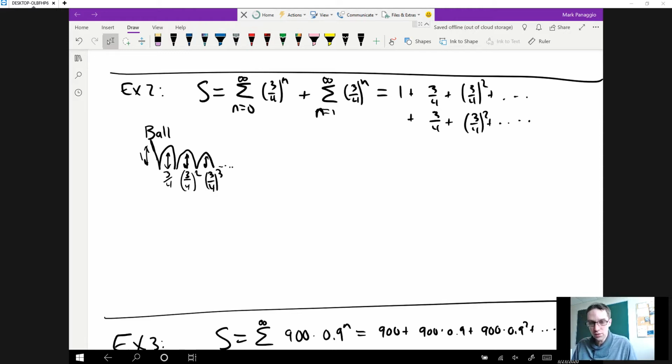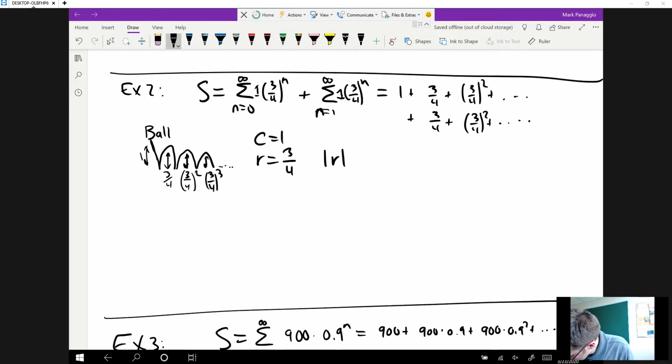And so we'd like to use this geometric series result. And so first we'll identify our c. In this case, the constant we had out front was just 1. And the ratio of consecutive terms, the factor that we're multiplying over and over again, is just 3/4.